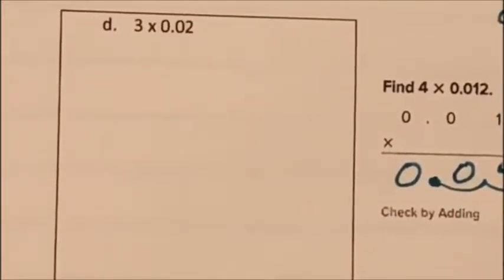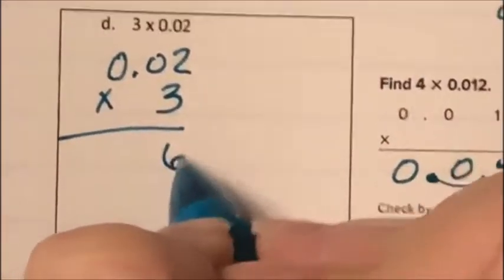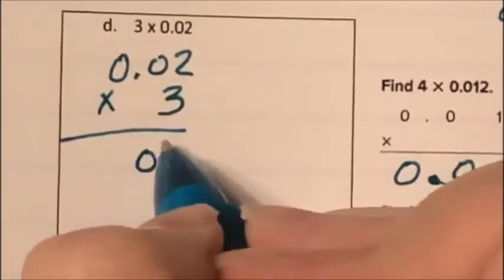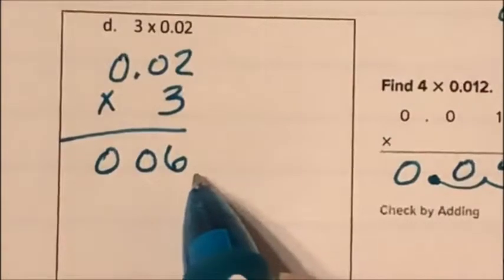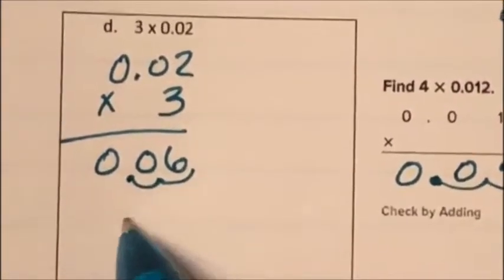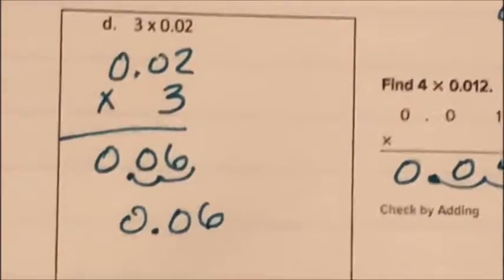Okay, now that you've had a chance to try out the try-it problems, let's go over the answers together. Letter D says 3 times 0.02. So I'm going to multiply. 3 times 2 is 6. 3 times 0 is 0. 3 times 0 is 0. 2 places behind the decimal, so I get 0.06 as my answer.